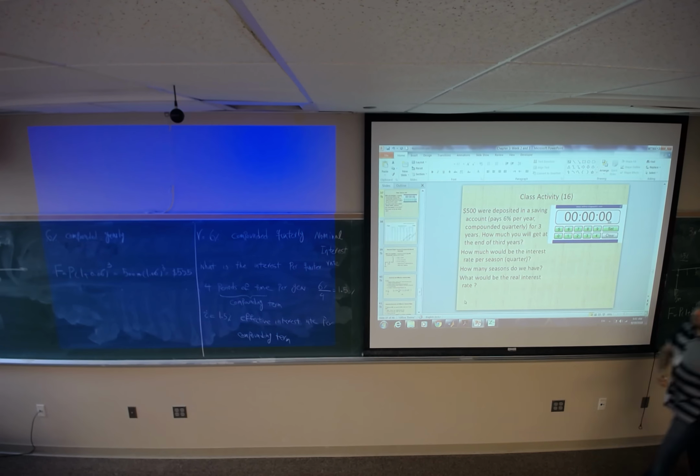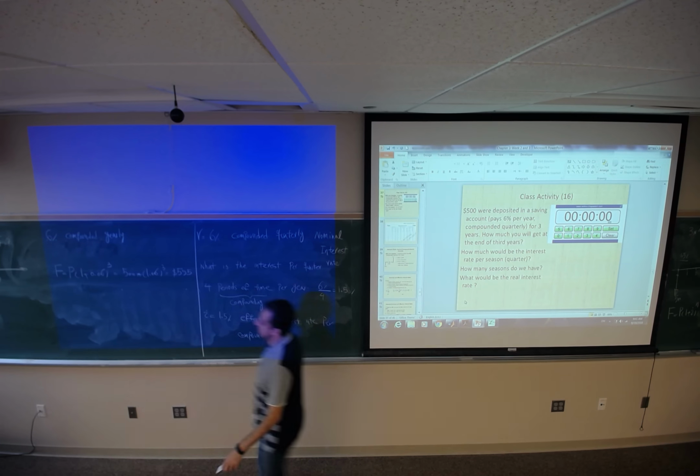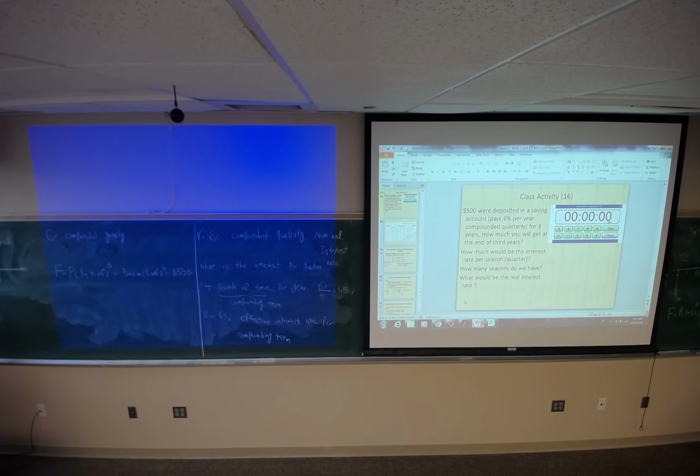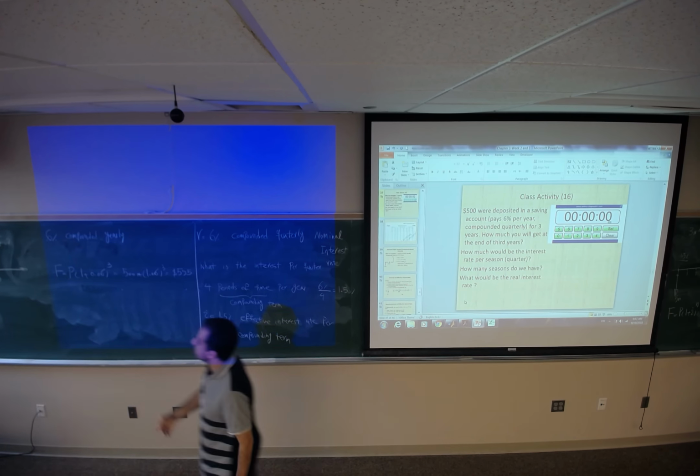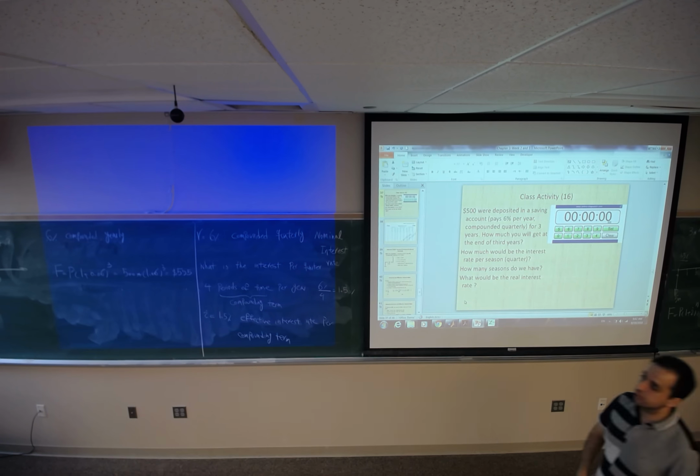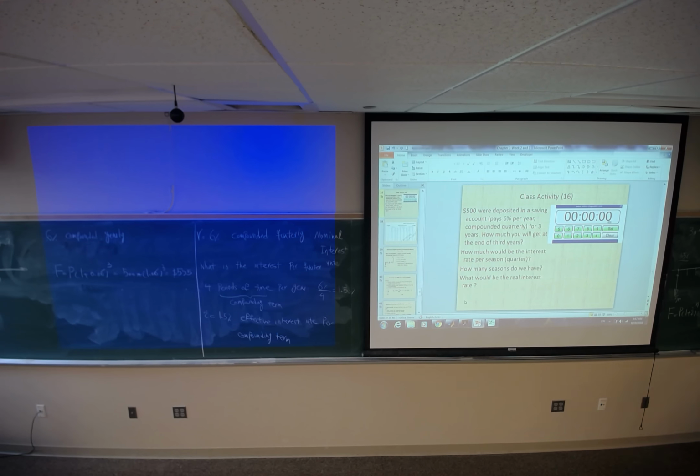Because in compounding quarterly, the bank is going to pay the interest every quarter, and that interest is added to the account, and in the future, it gets the benefits. Make sense? Yes. Where did the 100 come from? On the bottom there? It's 1.5%, so I put 0.0015.